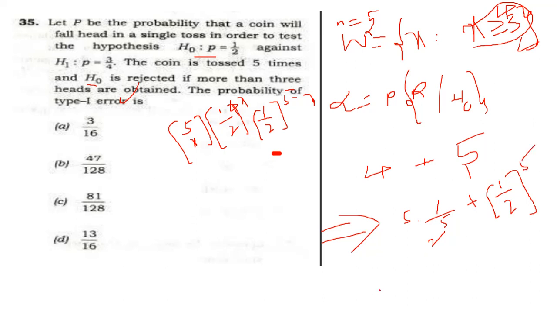Now take 1/2 to the power 5 common: 5 plus 1 is 6. The 2 will be cancelled, and finally you get 3 upon 16. A is the correct answer for this question.